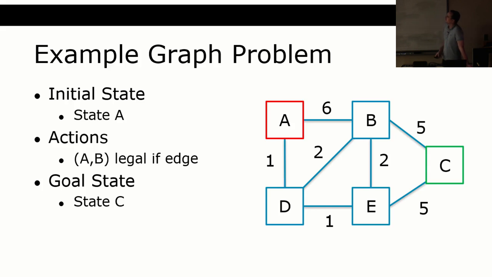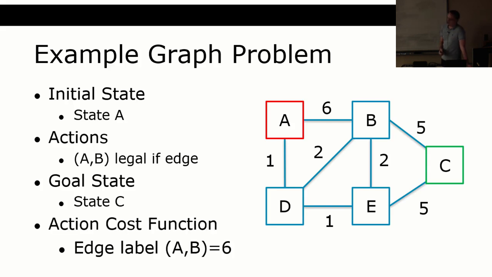It's hard to find so many colors. But over here in green, the goal state is state C. And the action cost function is the edge label. Okay, so the edge here is labeled again, to go from B to D or from D to B, it's going to cost us 2. And for these problems that we're going to be looking at in this course, all the actions are reversible. So I can go from A to B, B to A, and back and forth and back and forth.